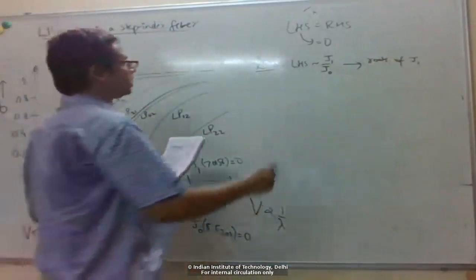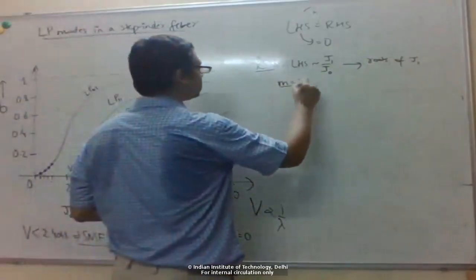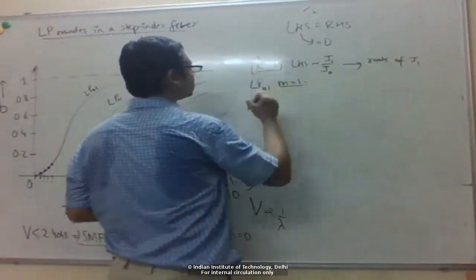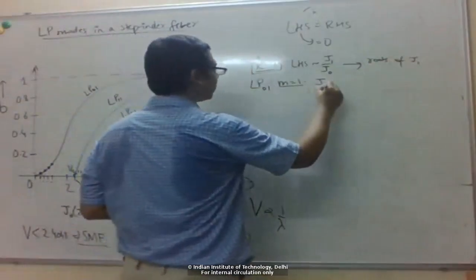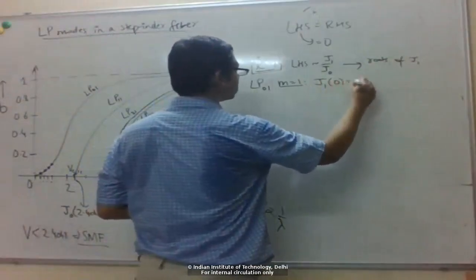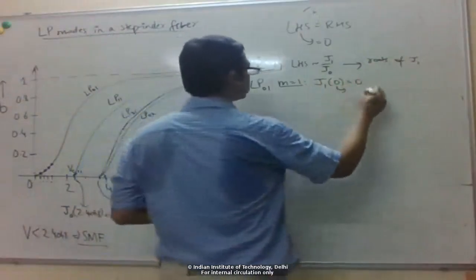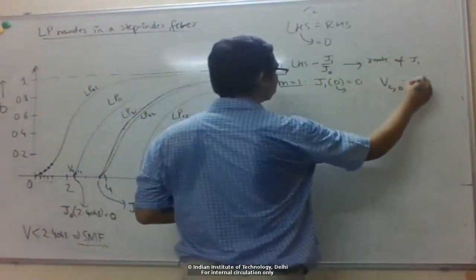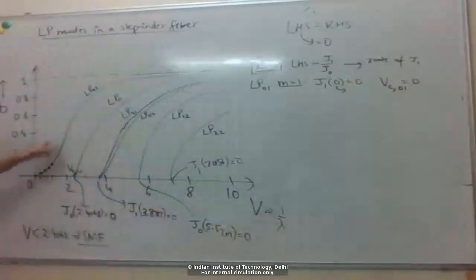The first one, M equal to 1, is LP01. That's the first root of J1, which is just 0. So the cutoff for LP01 is 0, or no cutoff. It's always 0.